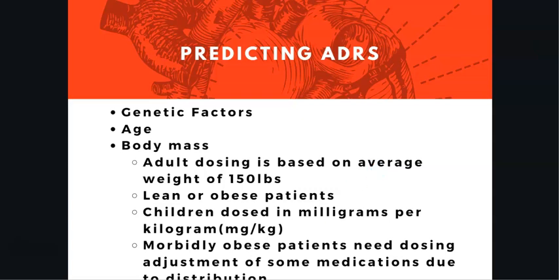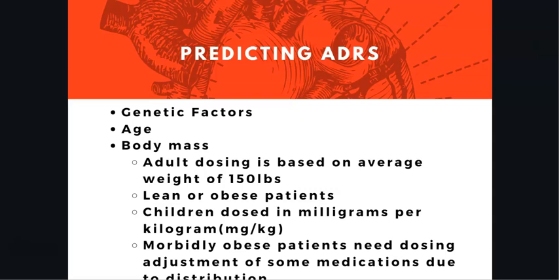So, how do you predict if someone's going to have an adverse drug reaction? Well, it's really hard. You really can't predict. But some people are more predisposed than others, like those with genetic factors. So, maybe if mom was allergic to penicillin, it's highly possible they could have a child that's allergic to penicillin. Age, usually we see a lot of reactions in young kids. Body mass.